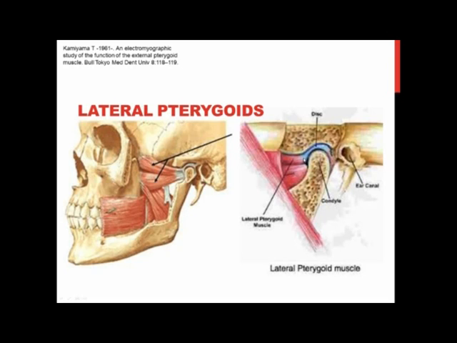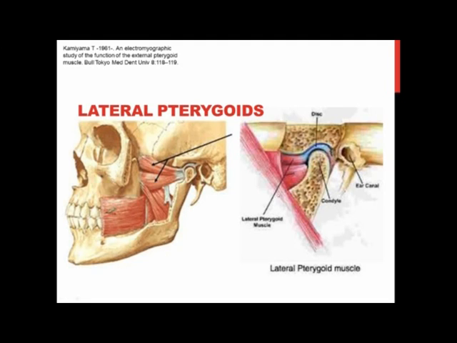And so the upper head is responsible for maintaining control of both the disc and the condyle, whereas the lower head, or the inferior head, is responsible for movements associated predominantly with the condyle.